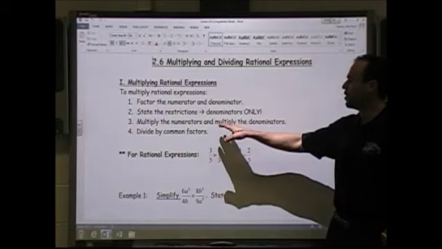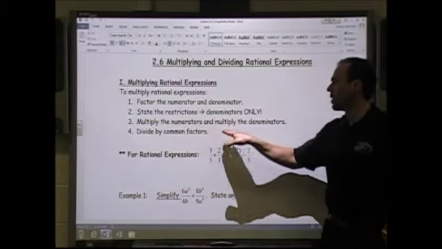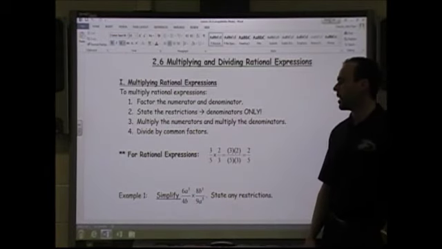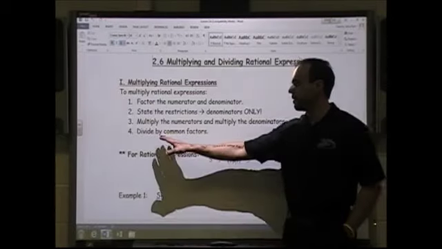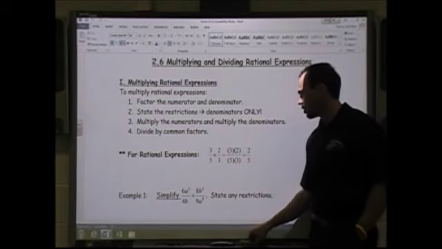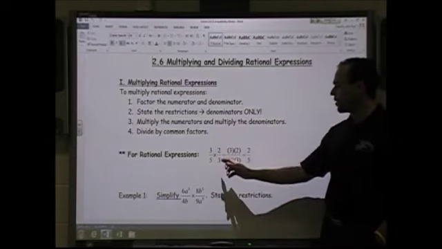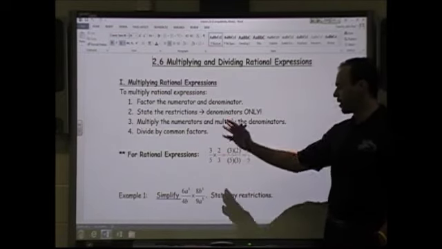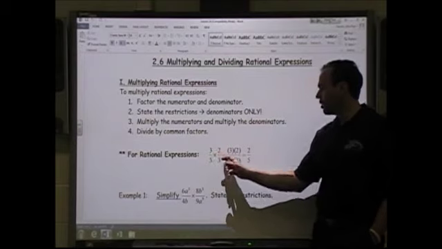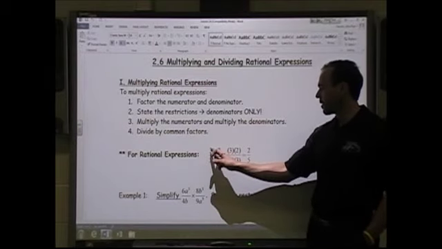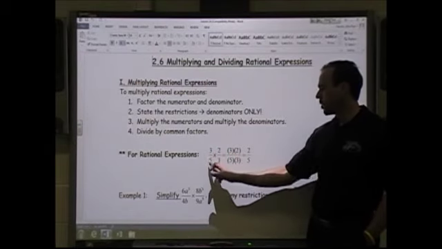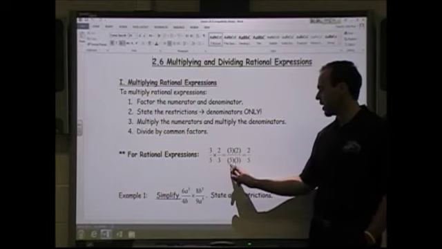Then, the only other new step is you're going to multiply the numerators and multiply the denominators together, and then divide by common factors. So just as a reminder, when we go to multiply two fractions together, regardless of the factoring and all that, the way we do that is we multiply the tops together, so 3 times 2, and we multiply the bottoms together, 5 times 3.